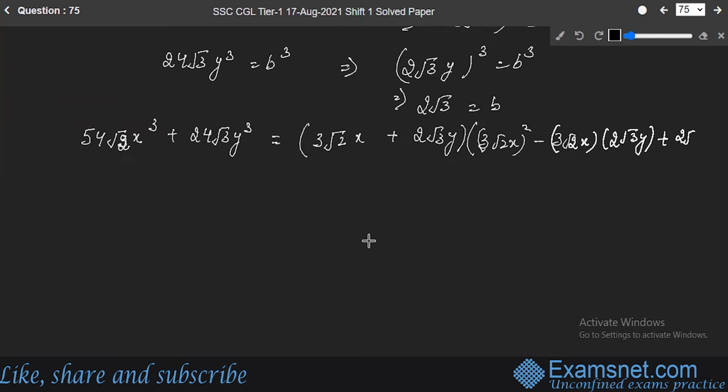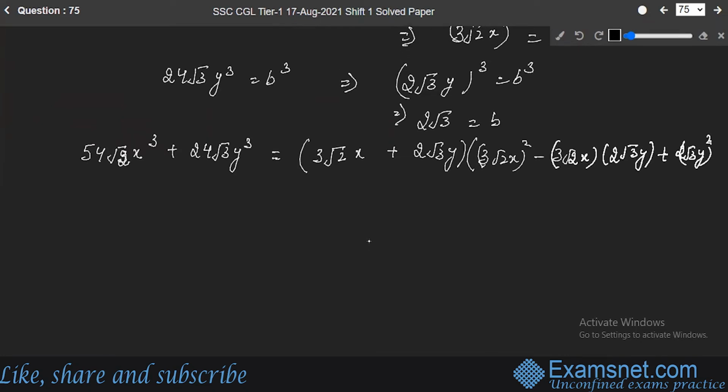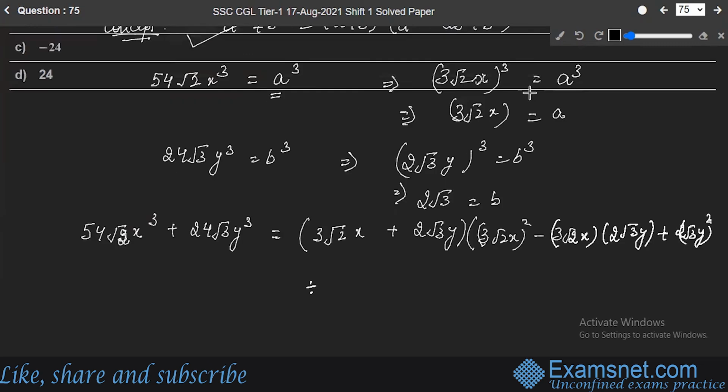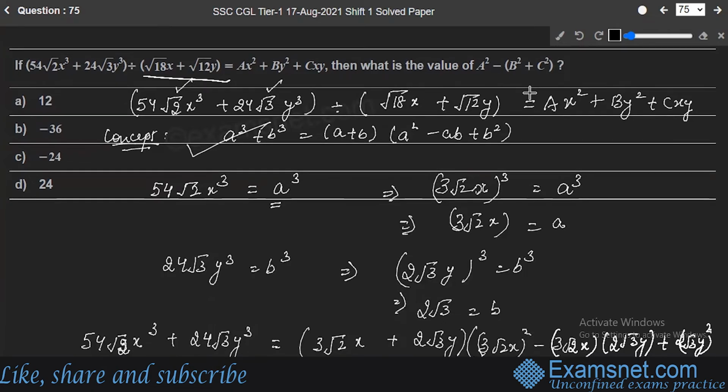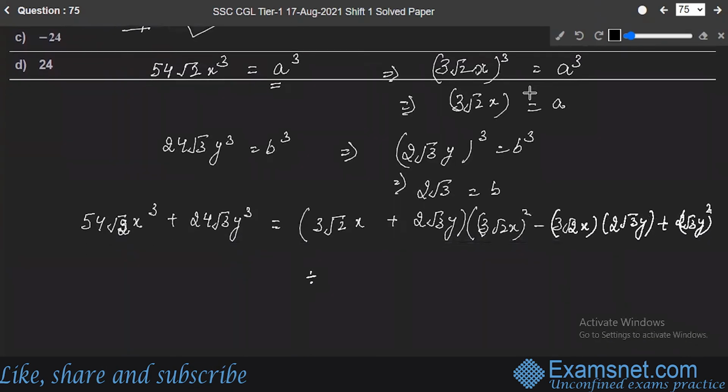So this is (2 root 3 y) whole square. Hope you are clear. Then this whole is divided by what? The whole was divided by this term, root 18 x plus root 12 y.